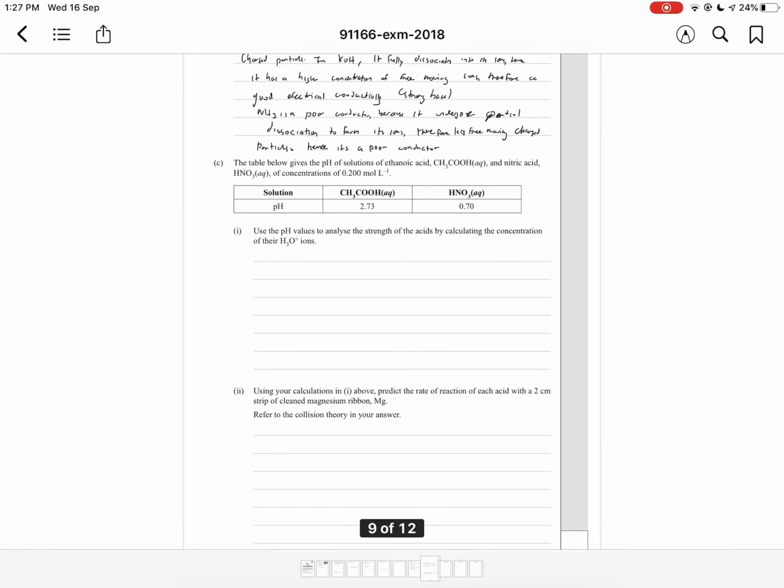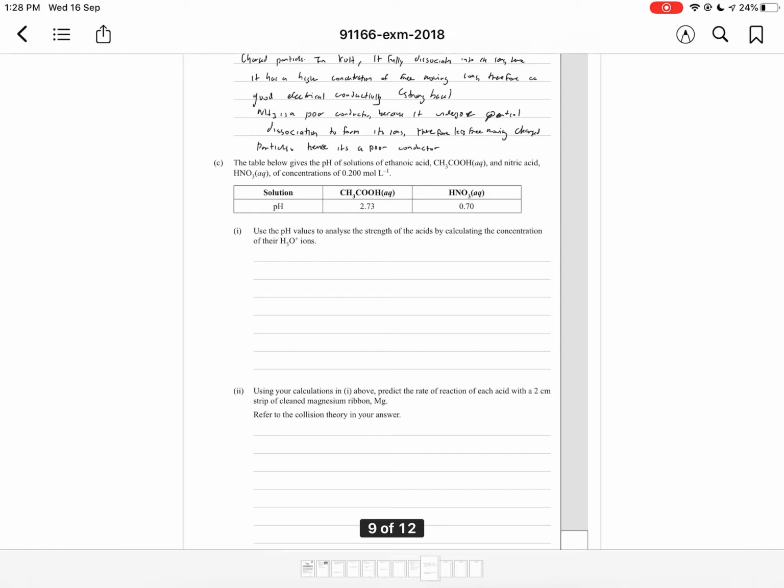But in terms of your grades for this question, okay, so in order to get an excellence, you need to link conductivity and pH correctly to the relative concentration of ions. So basically, for conductivity, you need free moving charged ions, which the dissociation of KOH produces more of, and dissociation of NH3 produces less free moving charged ions. And linking it correctly to the pH needs to be correct as well.